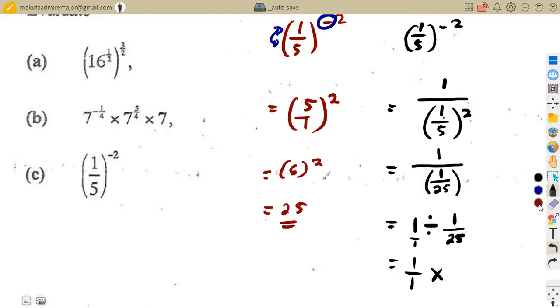The moment we introduce multiplication, we are inverting the second fraction. So this at the end is going to give us 25 over 1. So that is going to be a 25 in this case. 1 times 25, that's 25. 1 times 1, that's 1. So 25 over 1 and 25, just one and the same thing. So that is how we could have simplified this first part.